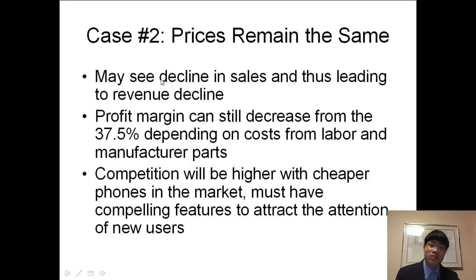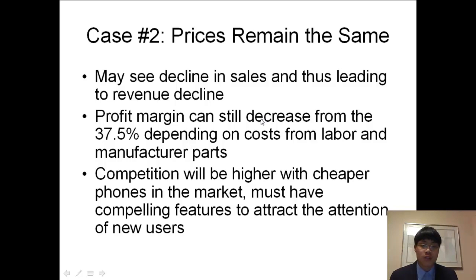Also, in our case, if the prices remain the same, we can see a decline in sales and a revenue decline. This may be dangerous because it really depends on what features they have in their new products. If it's not really compelling, that's not going to attract new users or existing users to the new product.